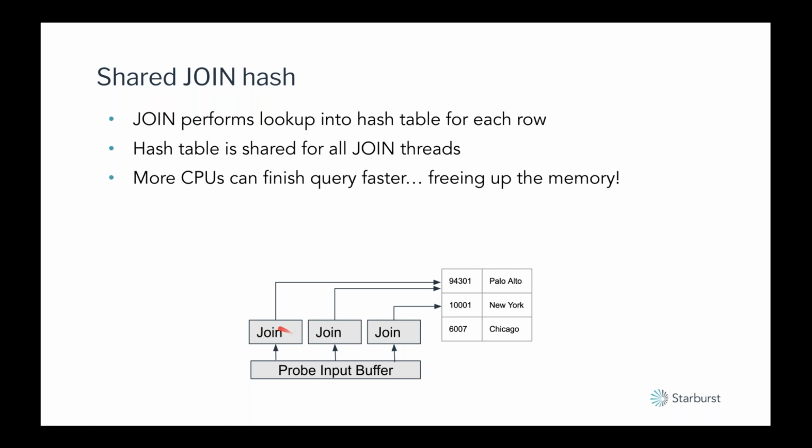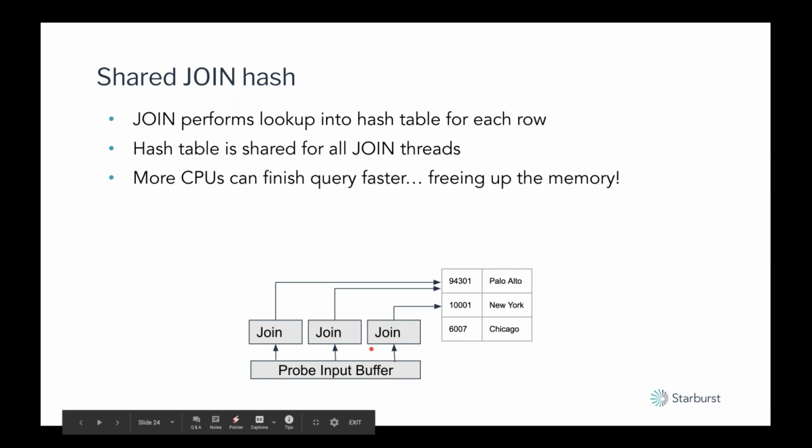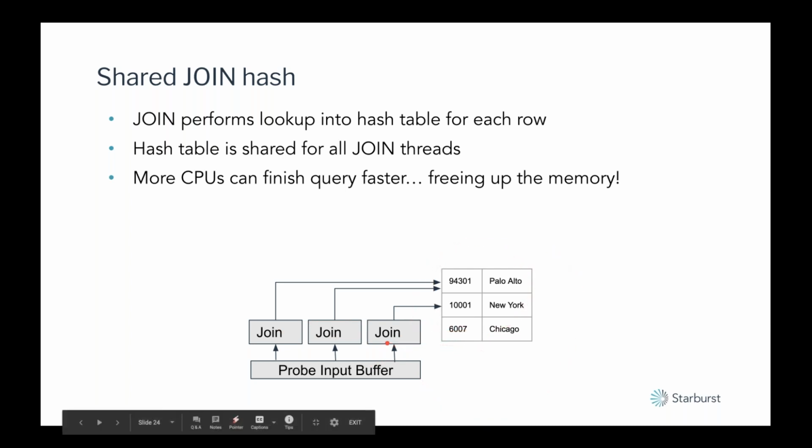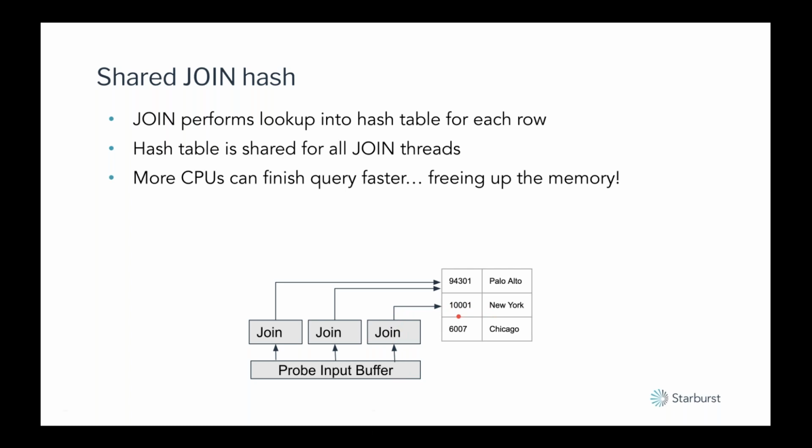And so we can scale up and add as many threads here as we want to probe this. We can scale this down. But what happens here is that we're able to leverage this memory. So if I have to probe 1,000,000 rows here, and I'm using one hash table to one thread, then that thread has to process through those.